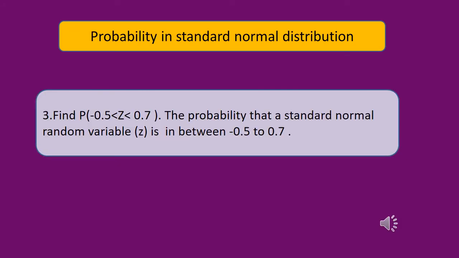We'll go to the third one. Find the probability of Z value between minus 0.5 and 0.7. The probability that a standard normal random variable Z is in between minus 0.5 to 0.7.